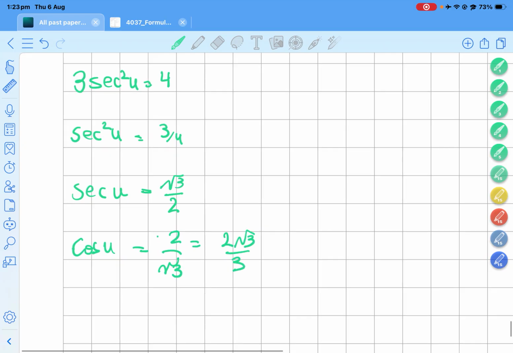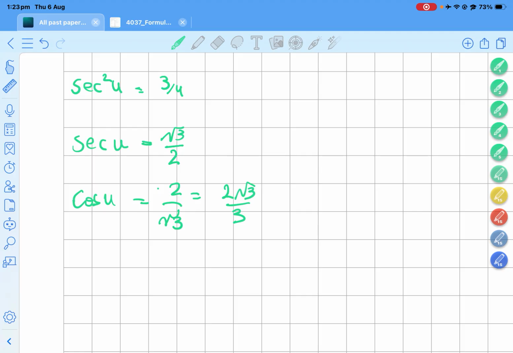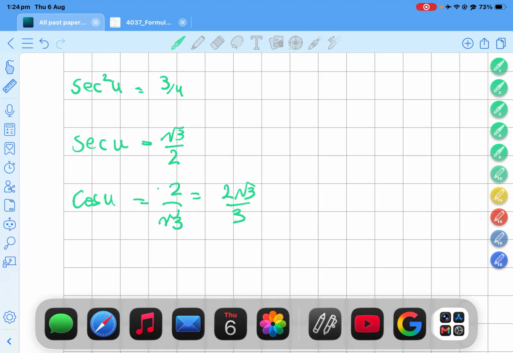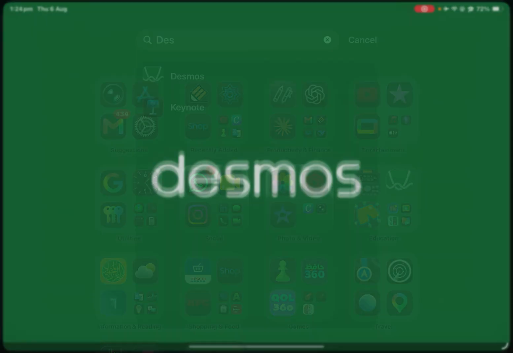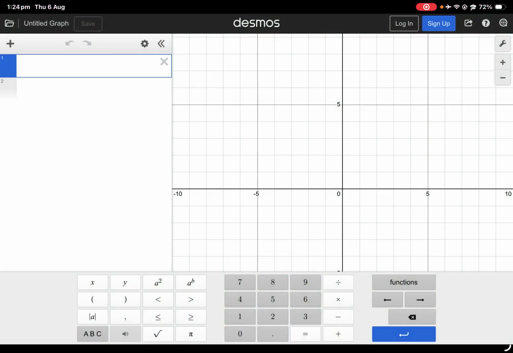So I'm looking for when cos u is 2 root 3 by 3, and to make things a bit easy for you, I'm gonna use decimals to graph it out for you guys.